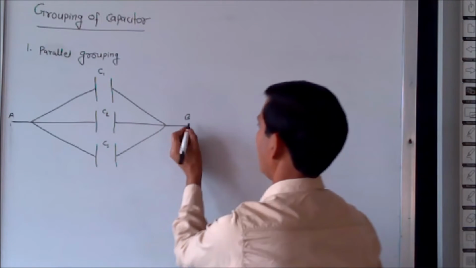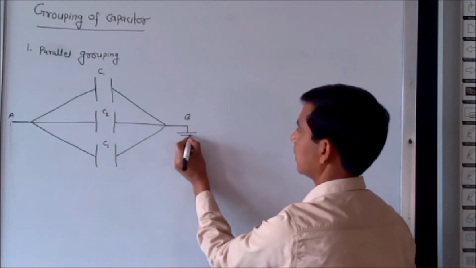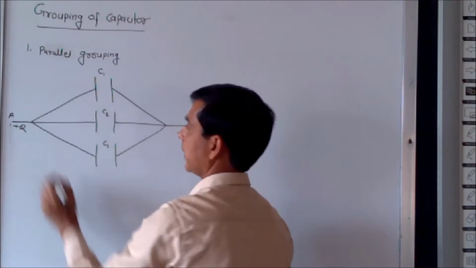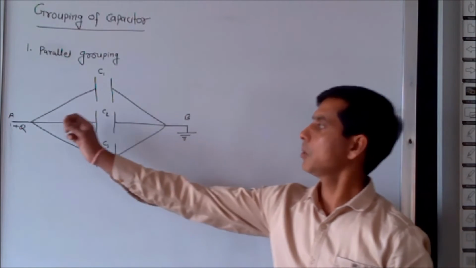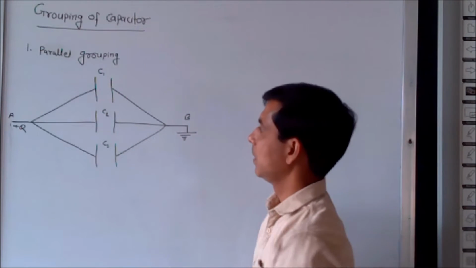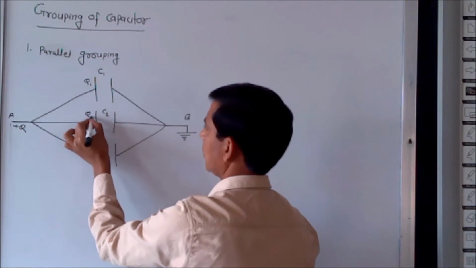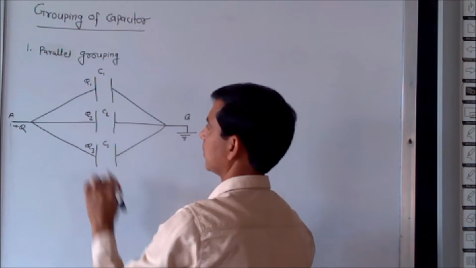B is connected to Earth. When Q charge is given to point A, suppose Q1 charge goes here, Q2 here, Q3 here.